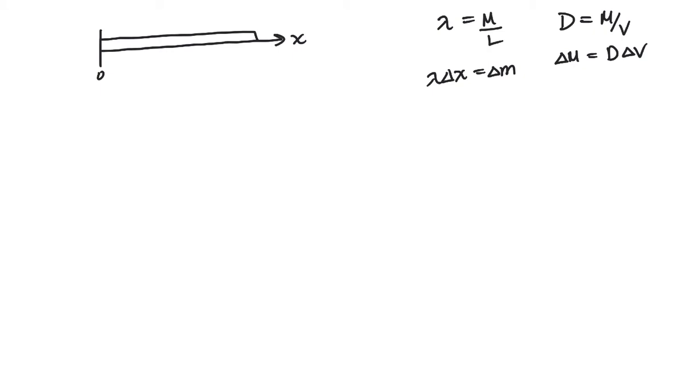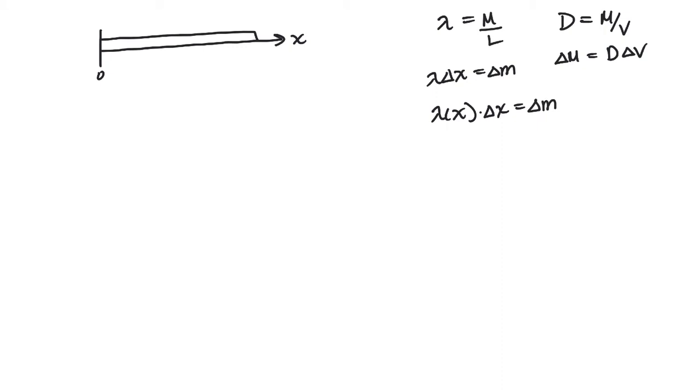Now, what's interesting is densities or lambdas don't have to be constants. They can actually be spatial functions. They can vary throughout space. So we're going to define lambda as a function of x, just as the linear density as a function of x. And similarly, lambda as a function of x times a tiny piece of the object delta x, but I have to make sure it's super tiny, is going to give me the mass of a little piece of the object delta m.